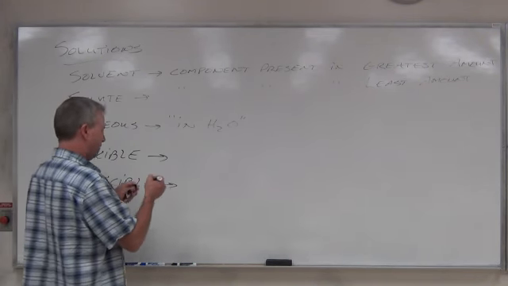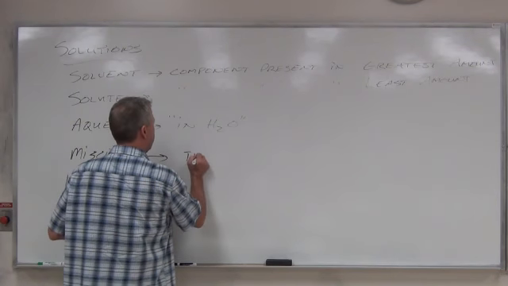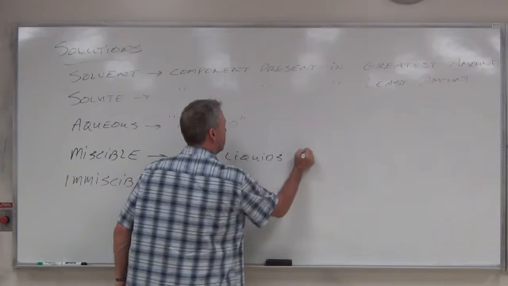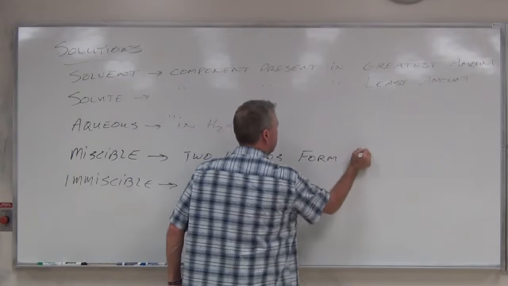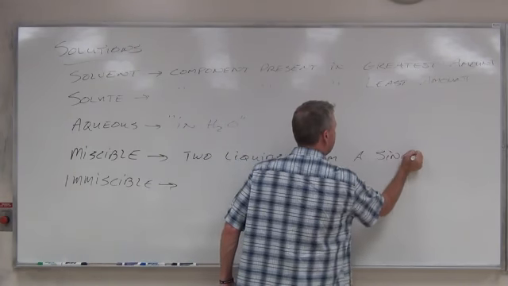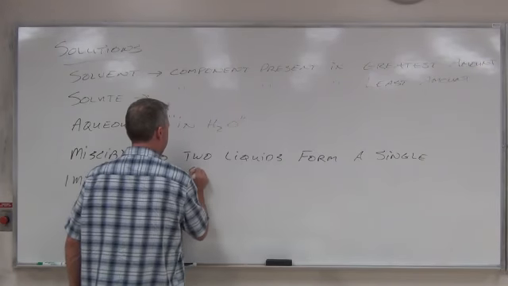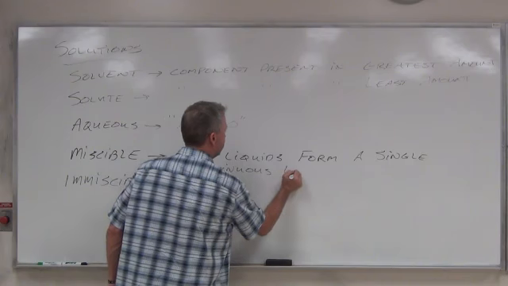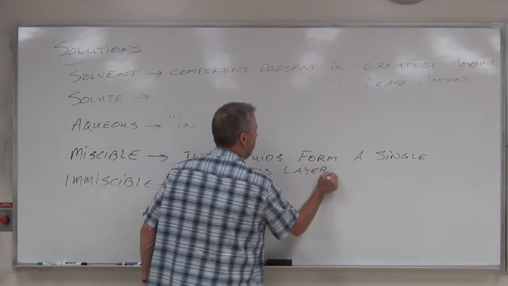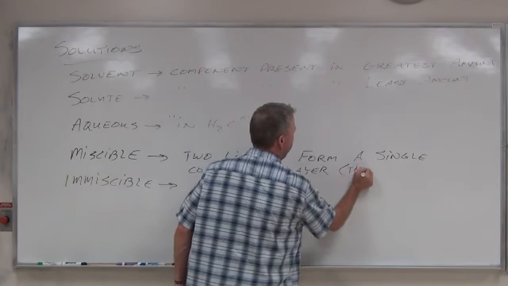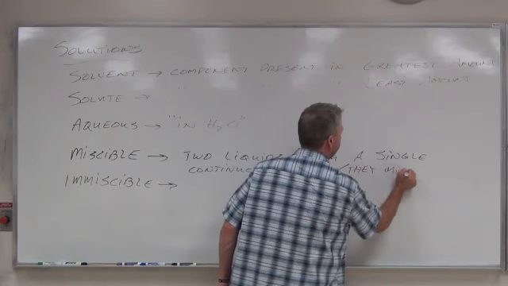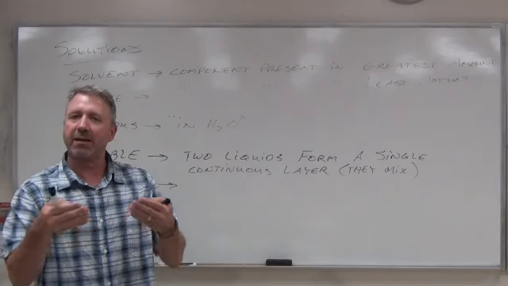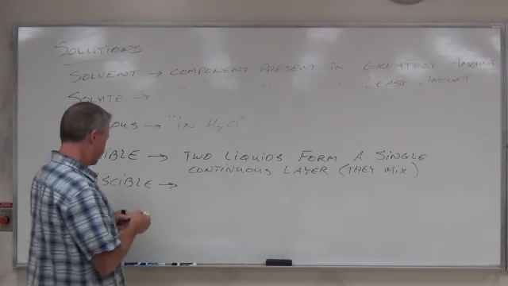So, miscible, the two liquids form a continuous layer. Okay, basically they mix together. Mix isn't technically the right term, but they mix together and they're soluble in one another.